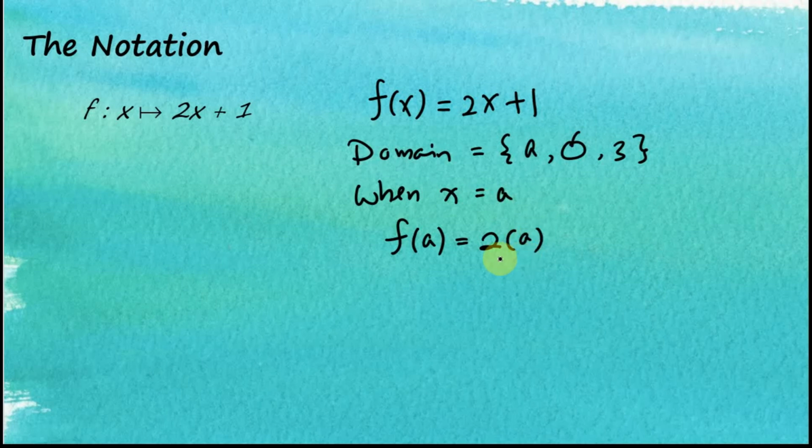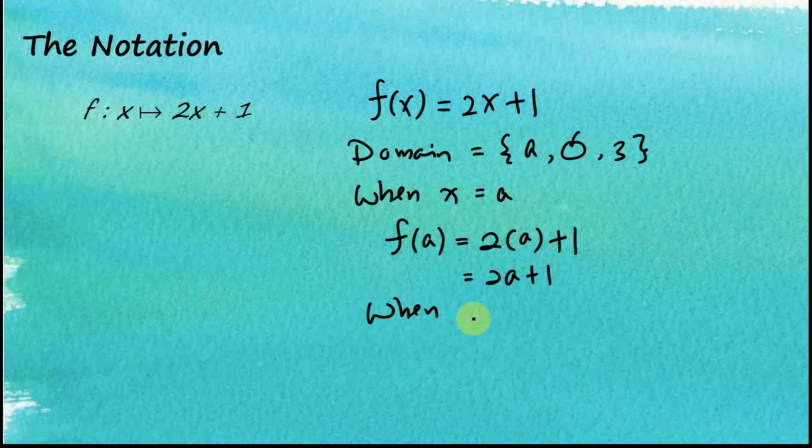And in mathematics, when we put a bracket, it means multiplication, right? So 2 bracket A means 2 times A. The 1 is not a variable, so we just rewrite it plus 1. So this is equal to 2A plus 1. So when x equal to A, we substitute x with A, and this is what we get. Now, how about the second one, the apple?